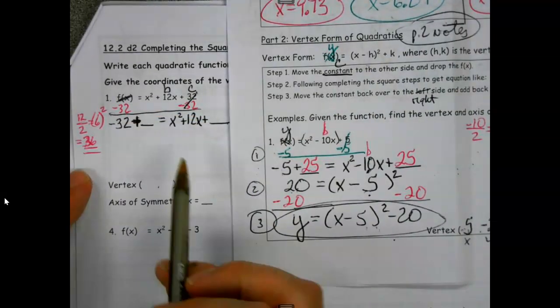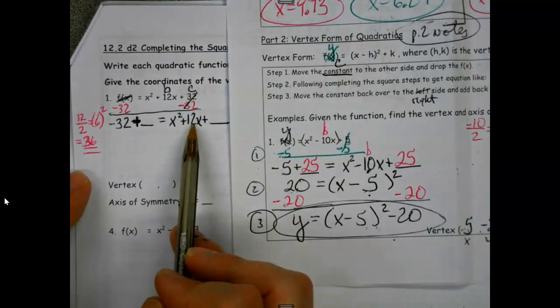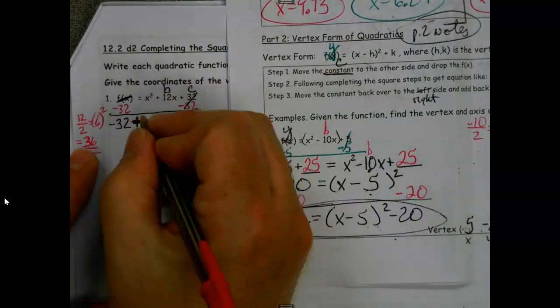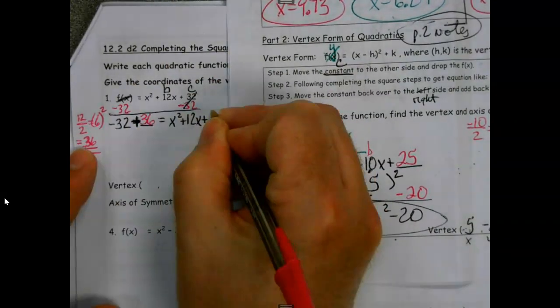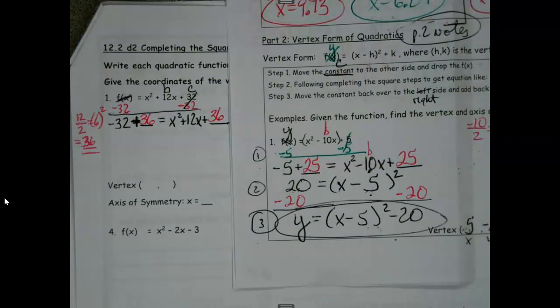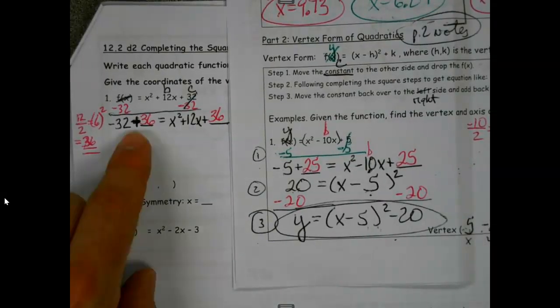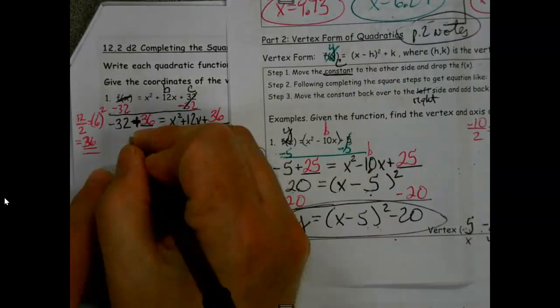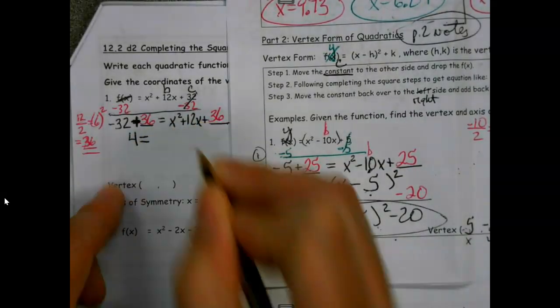So in this case, 12 divided by 2 is 6. Squared is 36. That's the number that's going in my blanks. And if you need more space, there's some at the top, or I can get some scratch paper out too. Now it's just cleanup. Negative 32 plus 36 is 4.